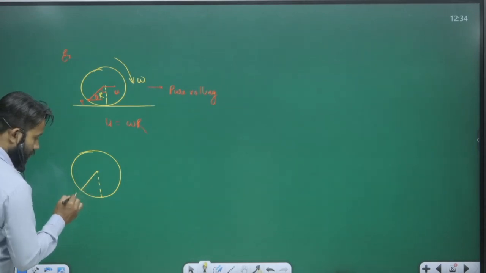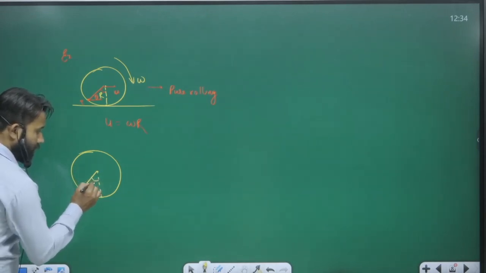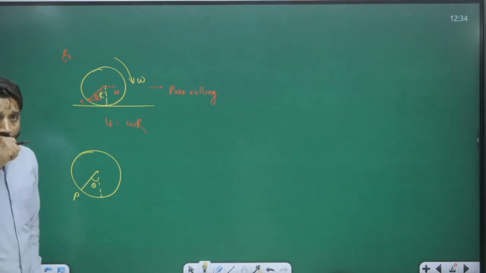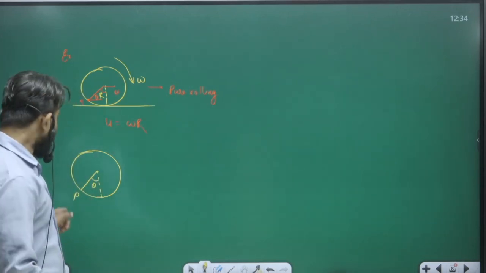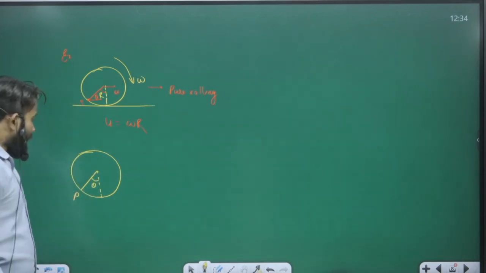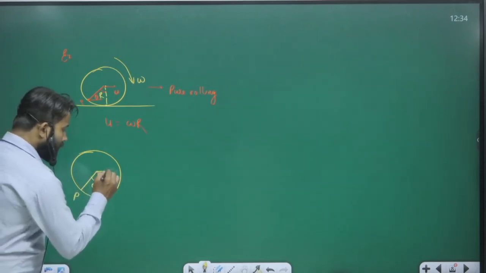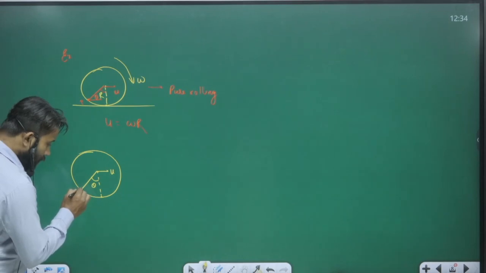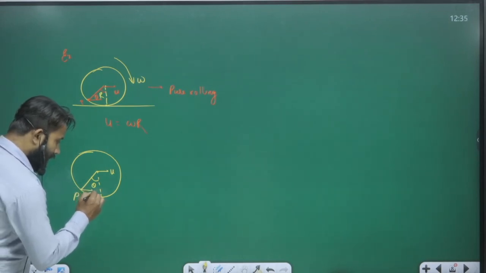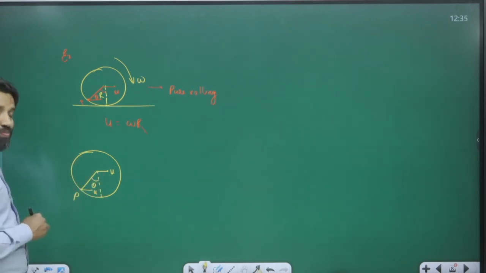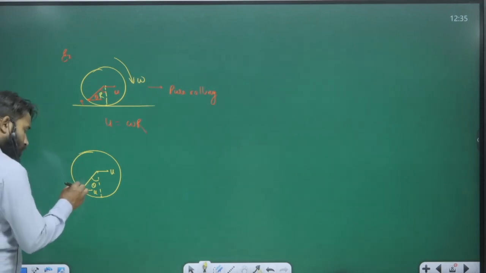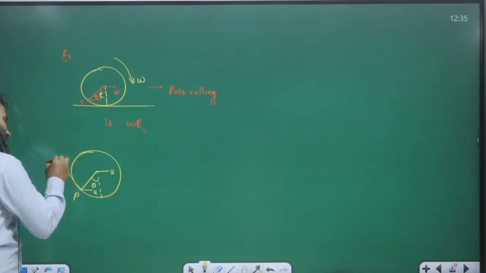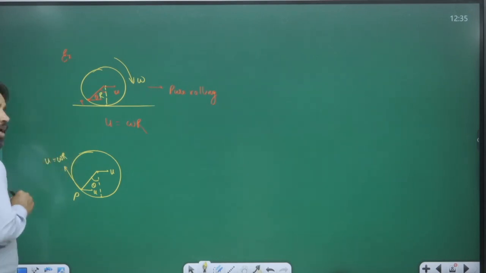So this point is P. As the center of mass of this disk has some velocity u in the forward direction, this point must have a velocity u in this direction, and it should also have a velocity along the tangent equal to omega r, and as it is in pure rolling, omega r should be equal to u.